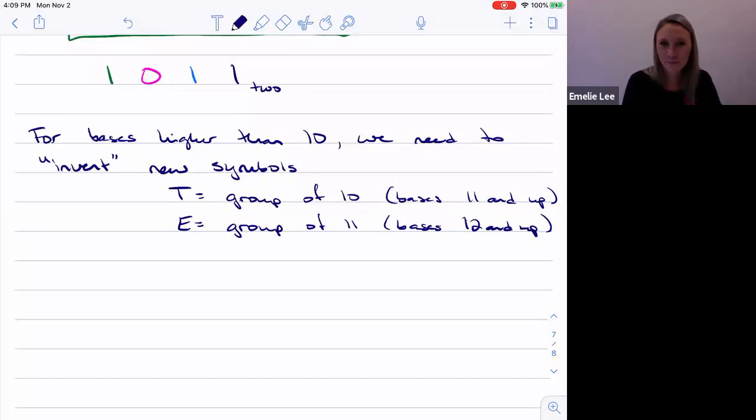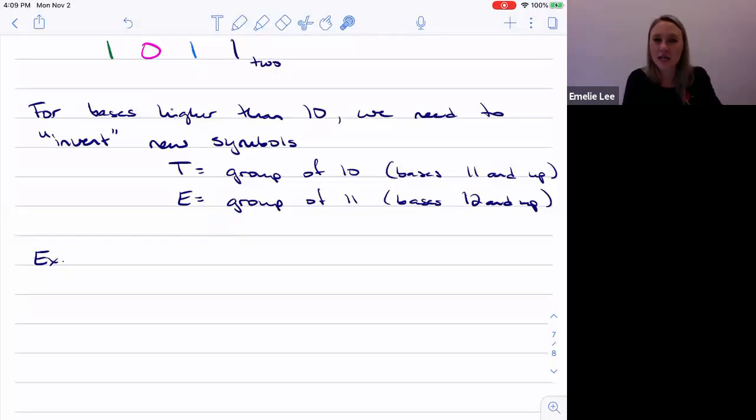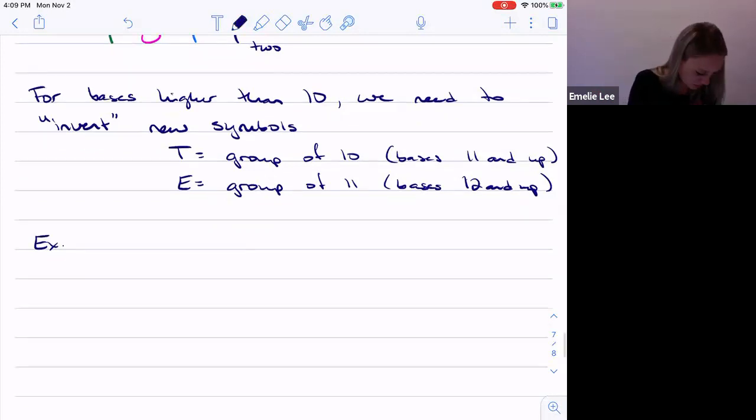Bases 12 and up. Until we get into hexadecimals, which are base 16, and which is I think the last section that we're doing, I'm not going to worry too much about bases larger than 10. We're going to focus on bases smaller than 10. So we'll come back to this. It's going to be a lot anyways, so don't worry, but we will come back to it.